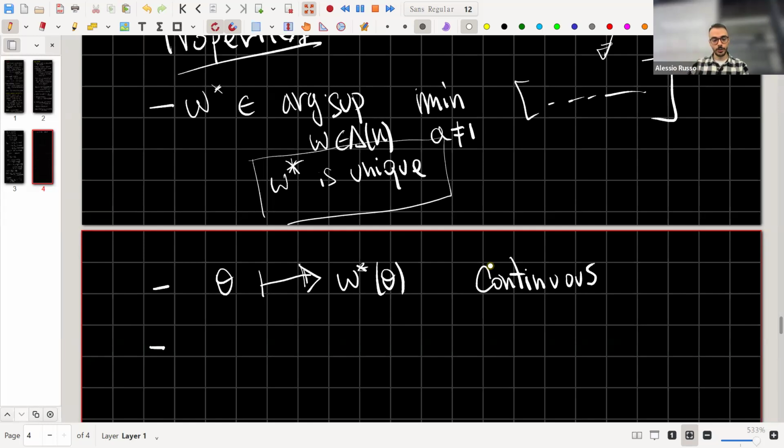And then you can also show that the optimal value W star satisfies these inequalities. So this is interesting because, as you can expect, it will assign more probability to arms that have larger mean reward.